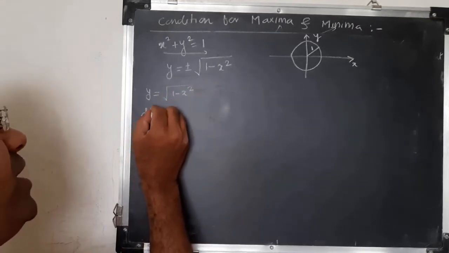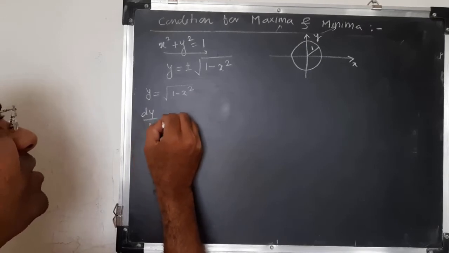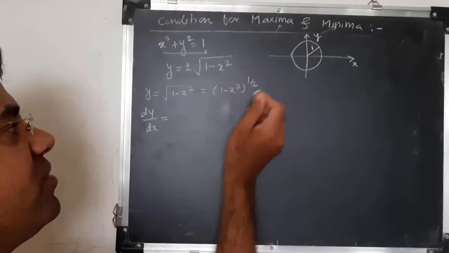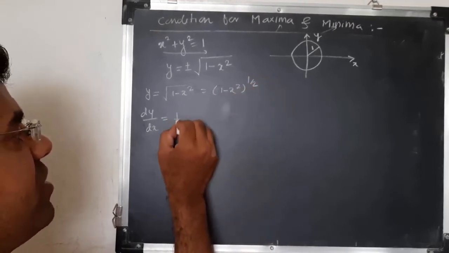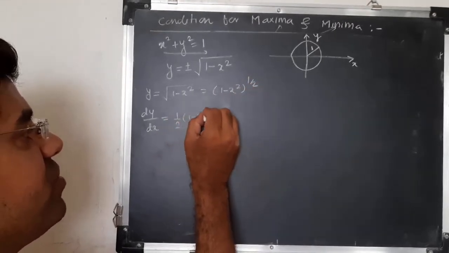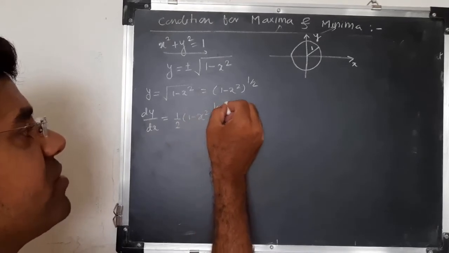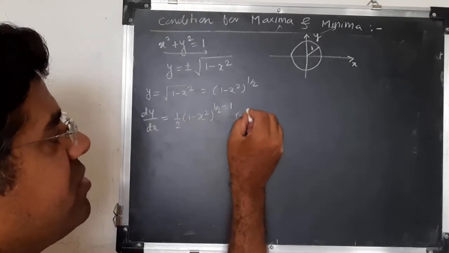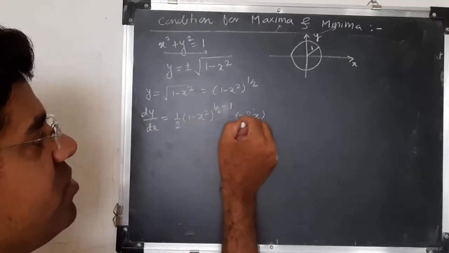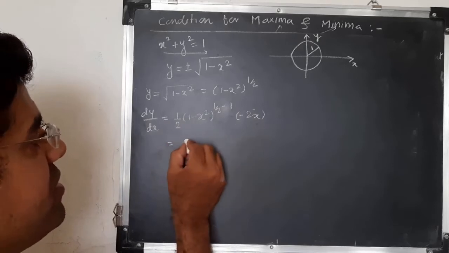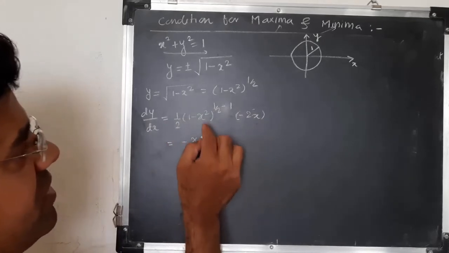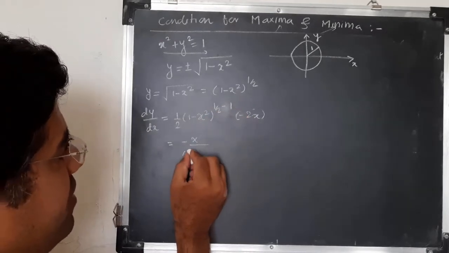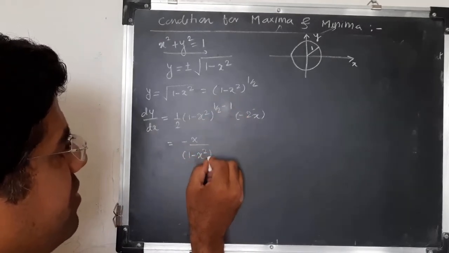So dy by dx is nothing but half, 1 minus x square raised to half minus 1, into the derivative of 1 minus x square, which is minus 2x. So this 2 gets cancelled. What will we get here? This is minus x upon 1 minus x square raised to half.